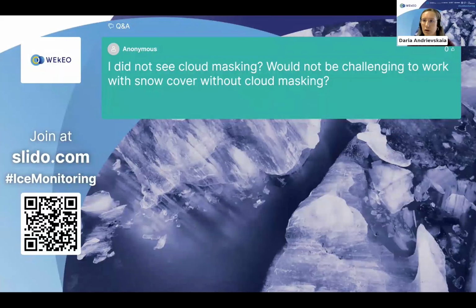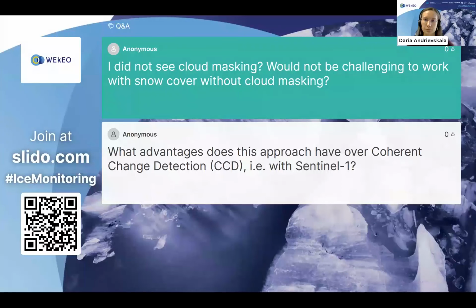And yes, that's why there's no cloud masking here. And yes, it would be challenging. That's the point to address when we work with Sentinel-2 data, but we need to find the images available for our study without clouds.